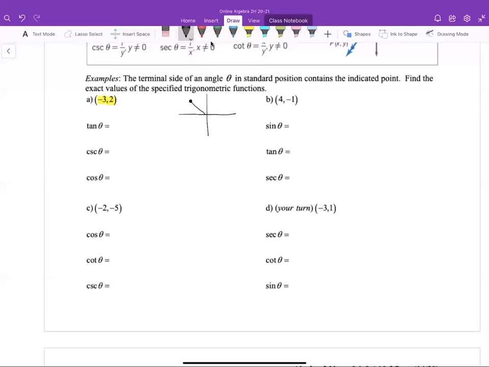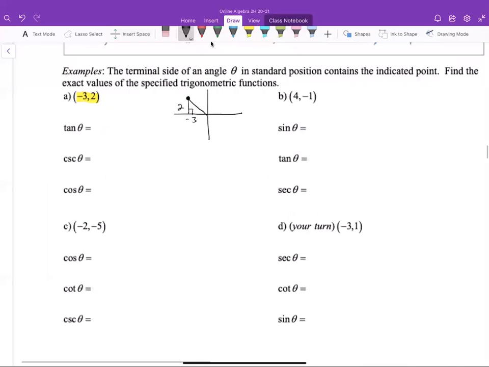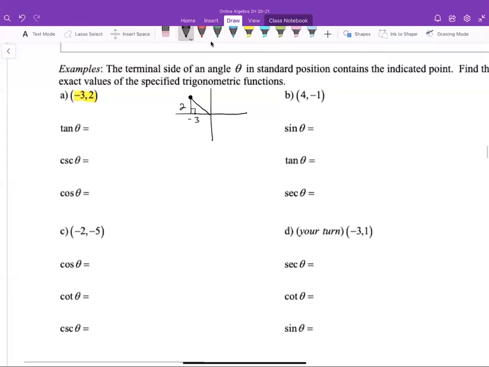And so I have drawn my line to the origin. I'm going to label my X length, which is -3. I'm going to label my Y length, which is +2. I have dropped that line down to the X-axis, which is going to give me a right triangle. I will use the Pythagorean theorem to find the length of my hypotenuse.